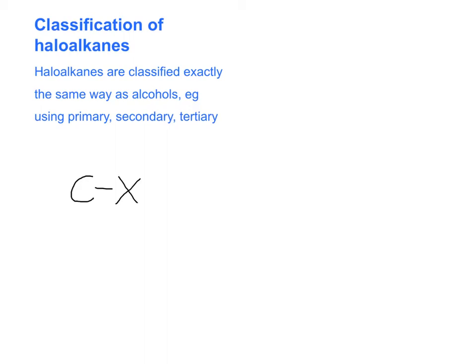We'll make it X. X can be Br, Cl, F, I, whatever halogen you want it to be. So if we have one R group coming off that, that's primary. So in much the same way, you can have secondary and tertiary.